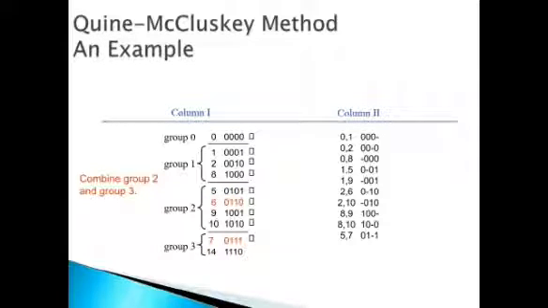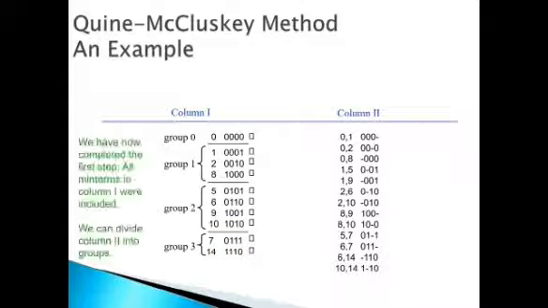In the same manner, we will compare each binary number from one group to another group. Now we have compared every group of column 1 with its next group. Similarly, we will arrange column number 2 according to their minterms based on the number of ones, so we will partition column 2.